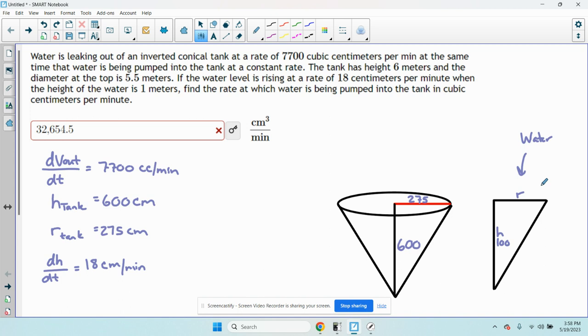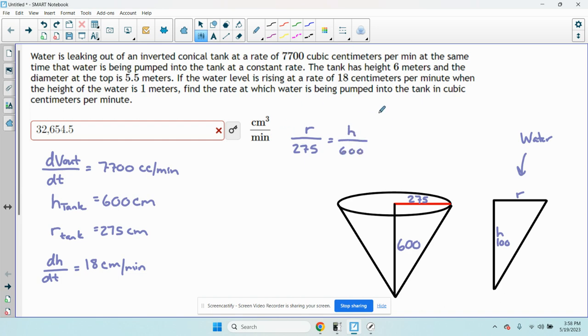Okay. So if I leave this as H instead of 100 to get a relationship between R and H, the parts of each triangle in ratio form should be equal to each other. So R over 275 should equal H over 600.